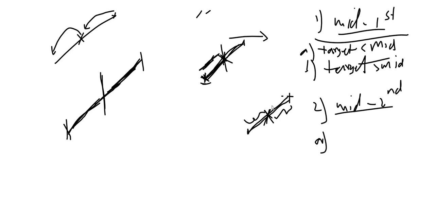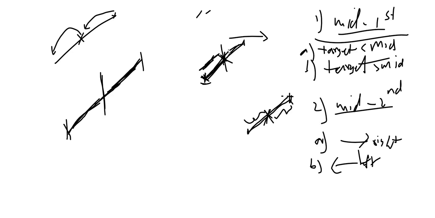So I'll just try to find if the target falls in between this mid and the end of the array. If it does fall, I go to the right. The second case is I go to the left. So these are the four cases that we need to handle on a high level.